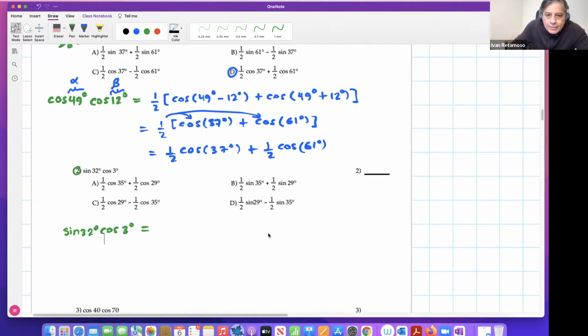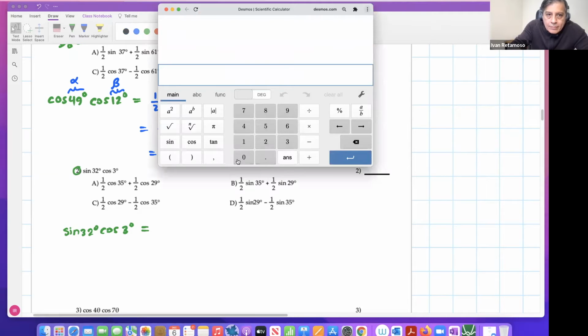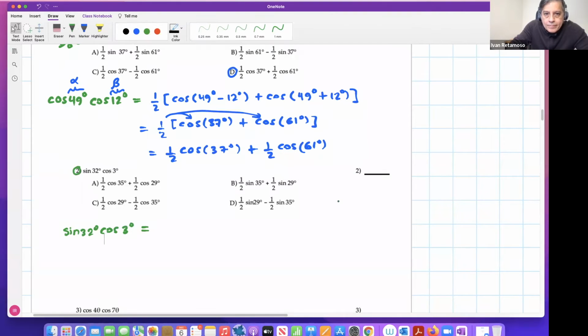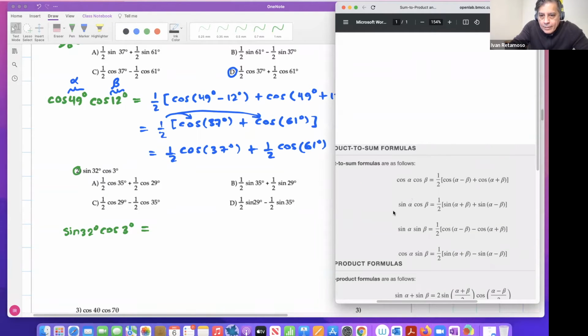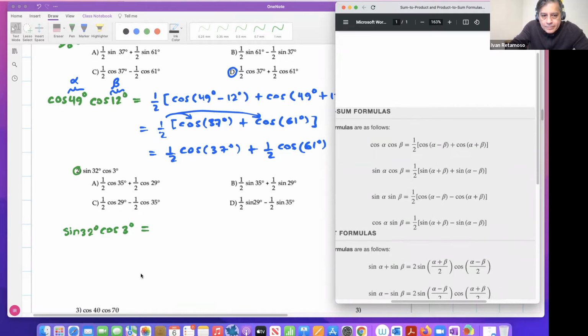I'm going to give you the set of formulas here for you to see. Look here. We have to use now sine times cosine. There is an order involved in the products, so be careful there. Sine times cosine, this is the one that we have to use. Use that and try to convert this into a sum.